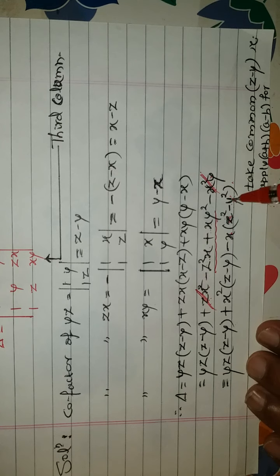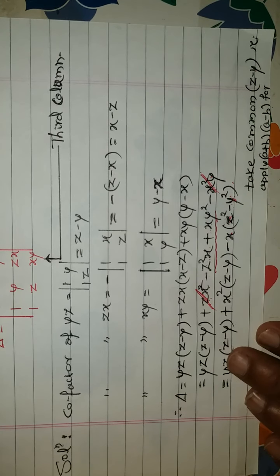Then we get z minus y as a common, and the remaining term is z plus y.